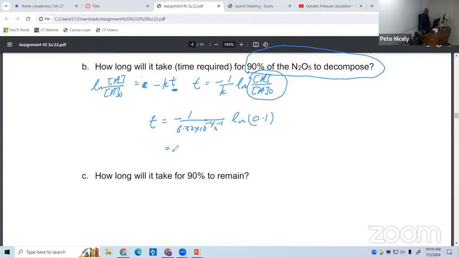And according to my calculations, I got 3.64 times 10 to the 3 seconds. And that's how we do that. All right? Any questions about this one? Any questions out there in Zoom? Any questions?